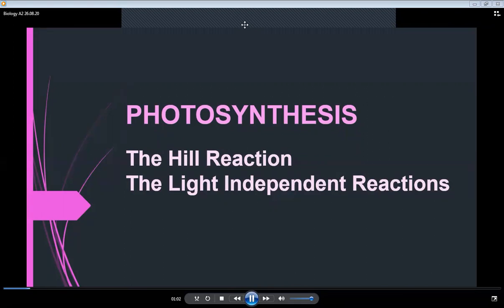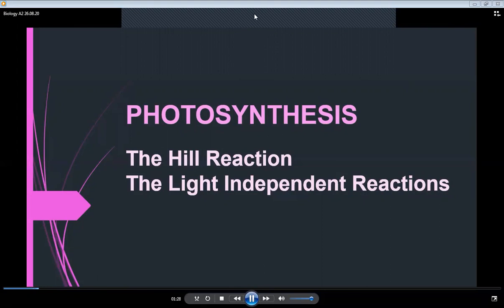So in the previous lesson yesterday, we talked about the photosystems, and then we started with the stages of photosynthesis. The first stage we talked about was the light dependent reactions. In that we talked about cyclic photophosphorylation, then non-cyclic photophosphorylation, then photolysis of water.